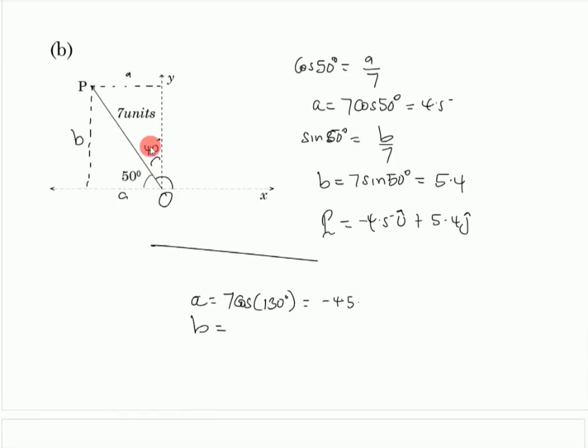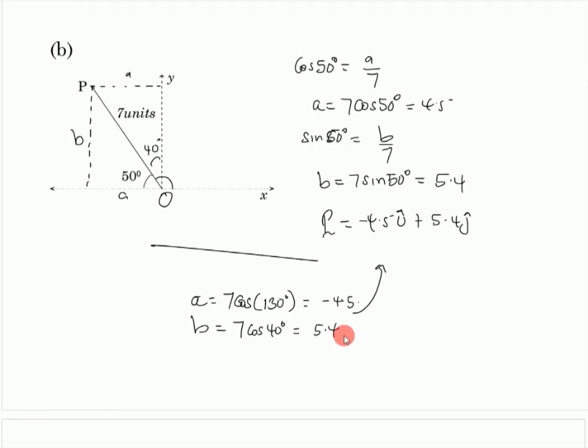And so the component of this one along that one can be got by getting 7 times cosine of 40 degrees. And there we shall have that b is equal to, it is still 5.4. Then I write out the values just like the way I've written them there.